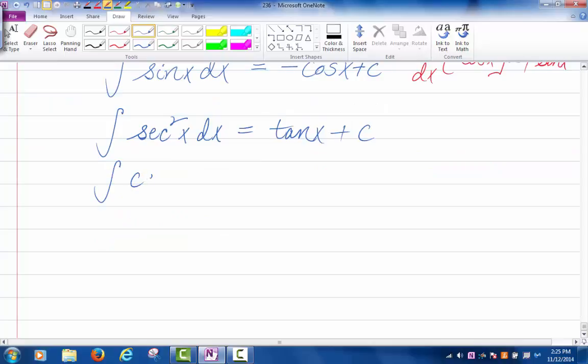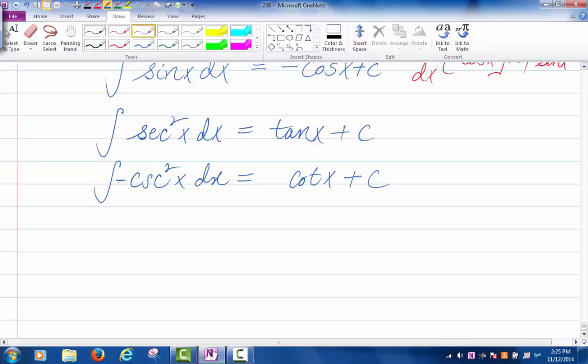What's the integral of cosecant squared x? The derivative of cotangent x is negative cosecant squared.